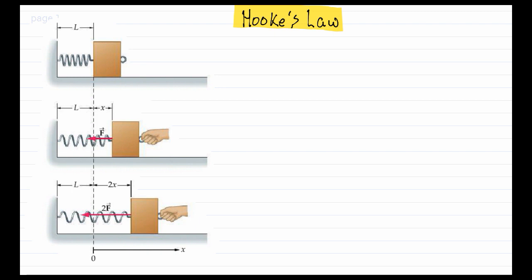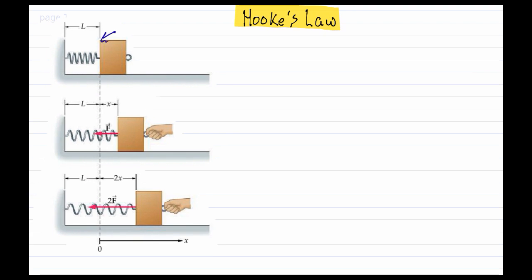So let's just write that down. So here we have the equilibrium position. We usually put the equilibrium position on a coordinate system at position 0. So in this case, if you look down near the bottom of the screen over here, we have the positive x direction going to the right.